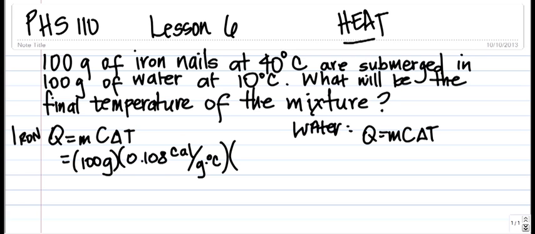And then we know our delta T, the little triangle T, means final minus initial.